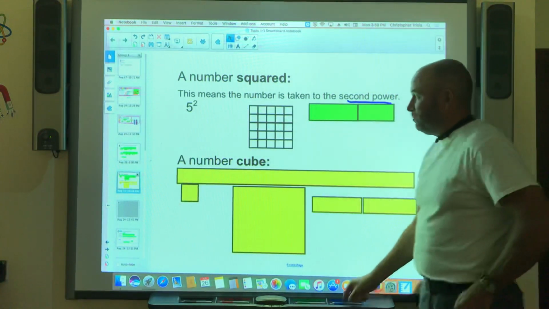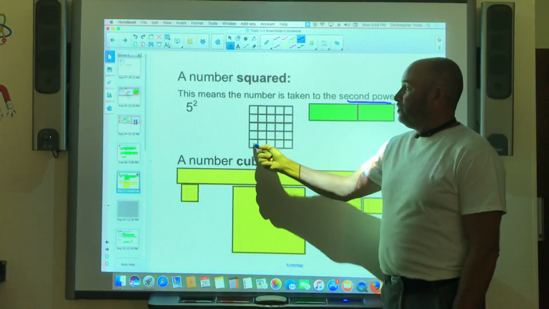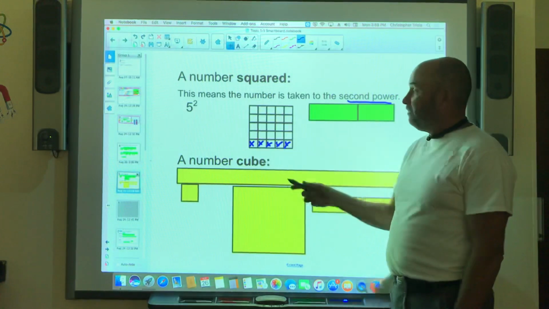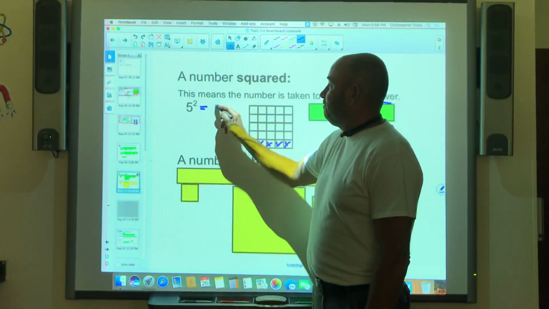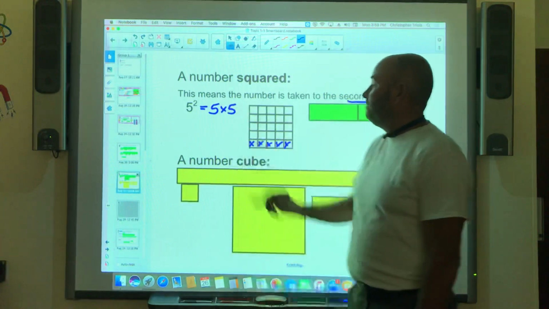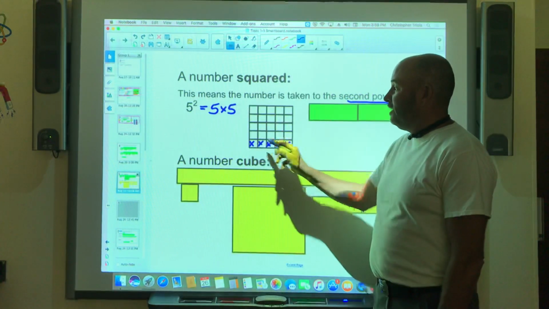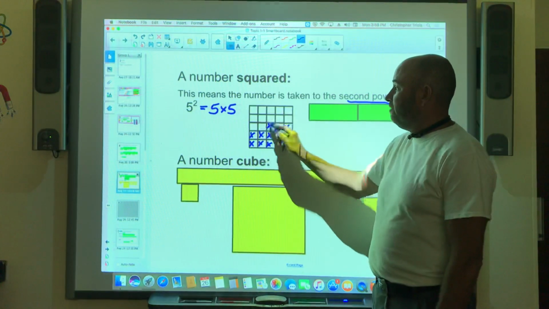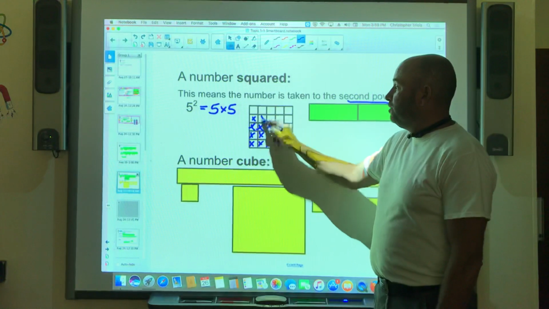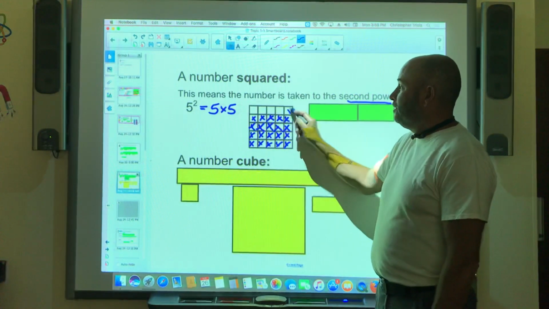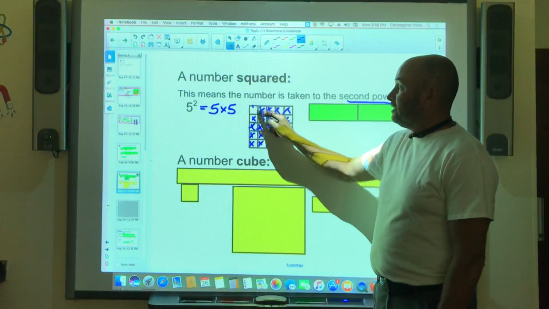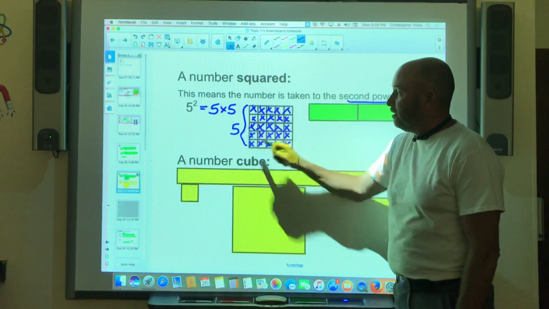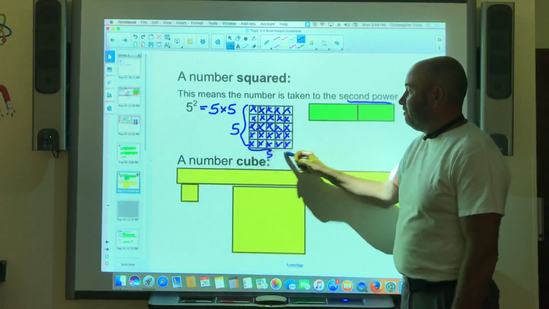Here is a square, and what they mean is this. You have 5 times 5. So you have one set of 5, and then you have a total of 5 sets of 5. And when you square a number, you essentially are making exactly that, a square. So you'd have 5 going up, and you'd have 5 going down.